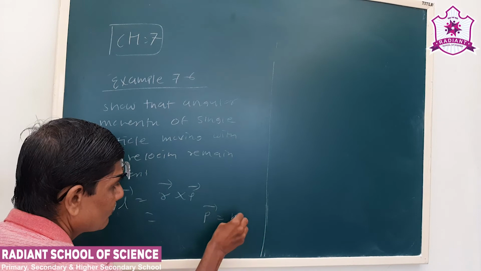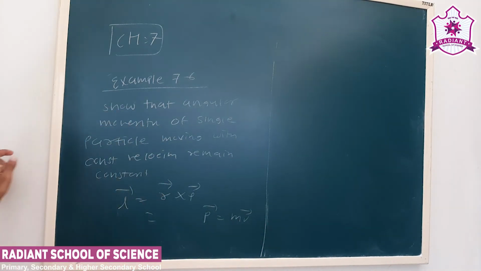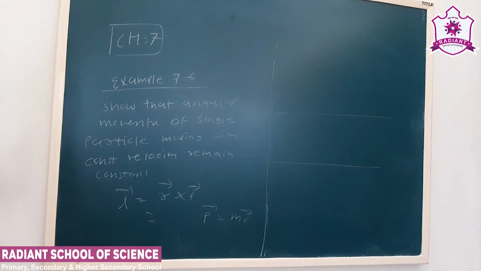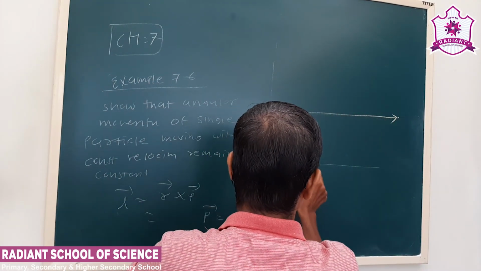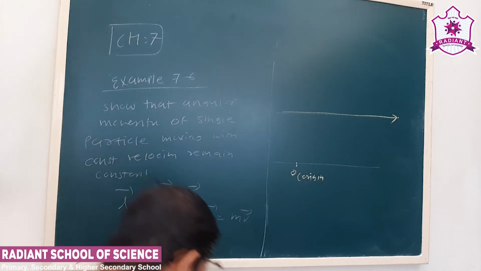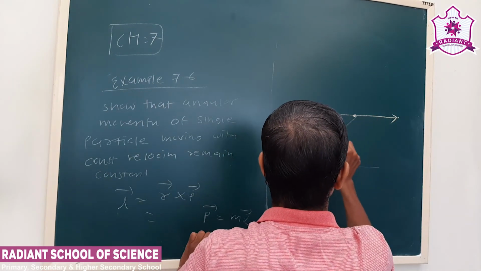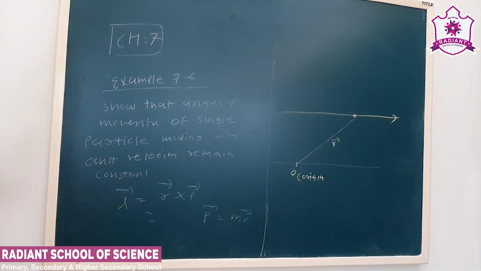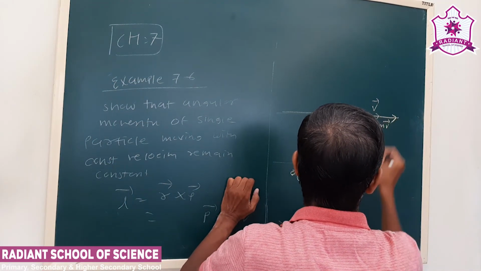Now we know the linear momentum is given. Let us say a particle moves with a constant velocity along this line. Now O is our origin. Let us say r is a position vector. Now V is the velocity. P is equal to mv.